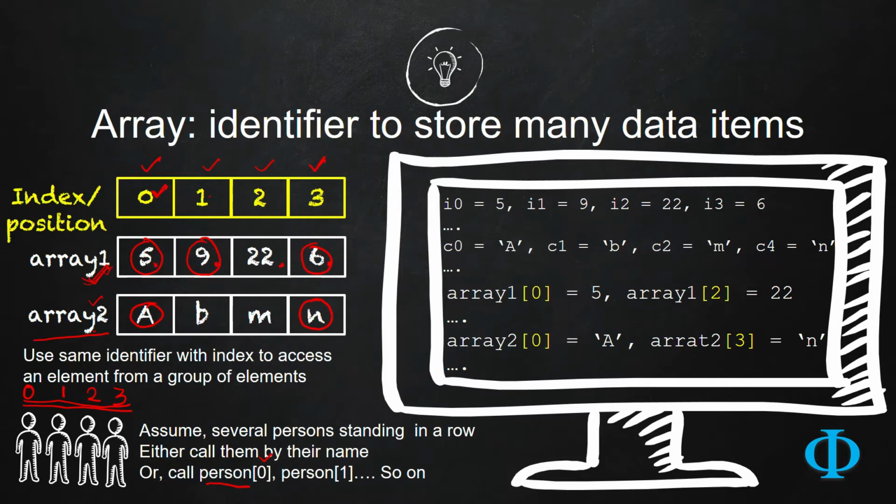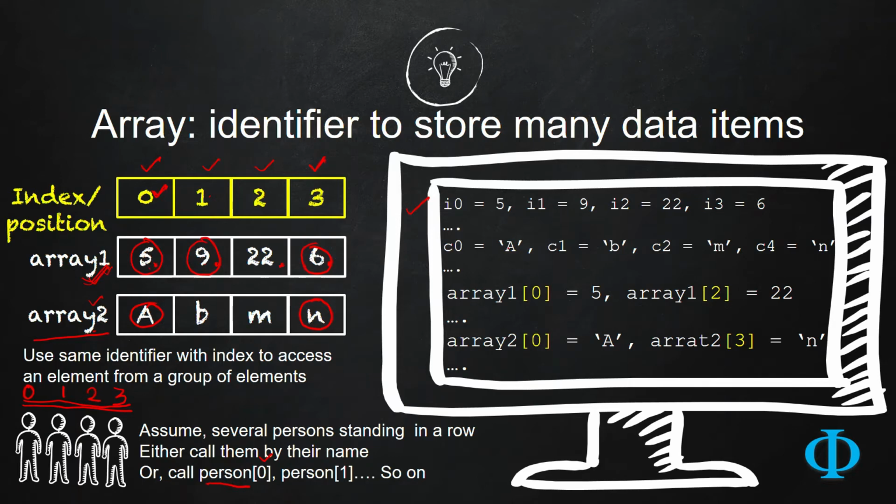So now if we try to understand this concept in a coding like scenario, or algorithm or pseudocode like scenario, it looks something like this. Let's say I have four integer values like 5, 9, 22, and 6.